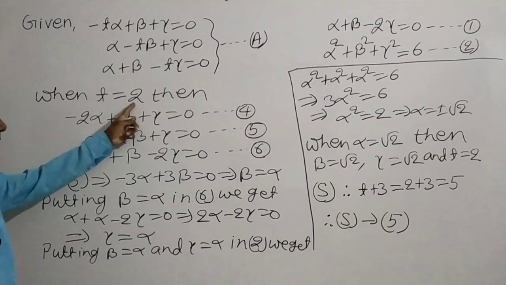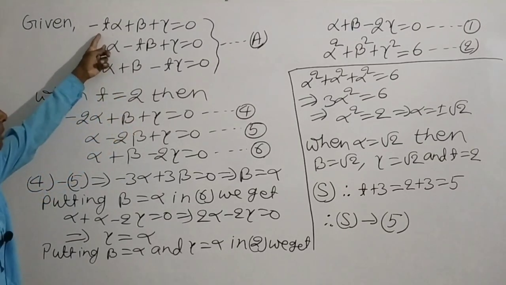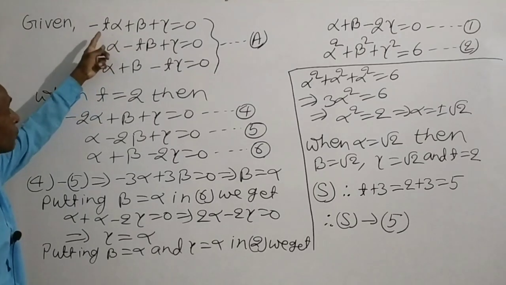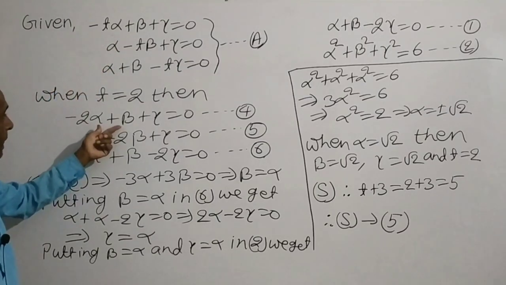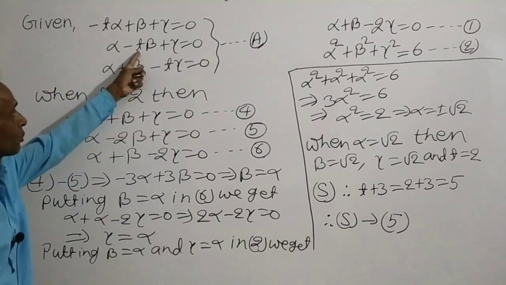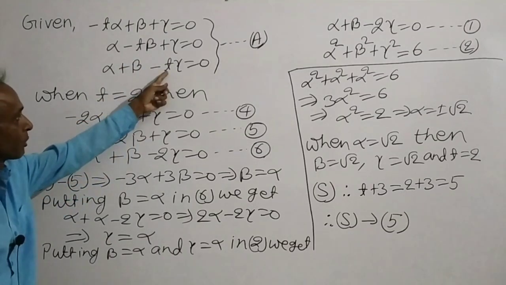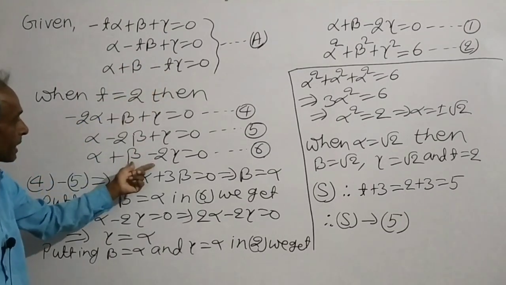When t is equal to 2, putting t is equal to 2 here, we get this. T is equal to 2 here, we get this. T is equal to 2 here, we get this.